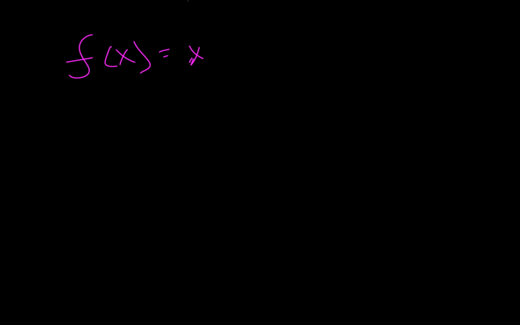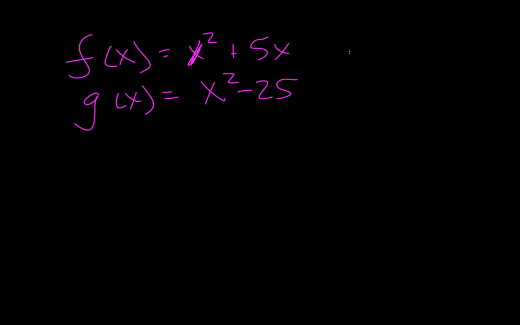So let's do f of x equals x squared plus 5x, g of x equals x squared minus 25. Now I'll switch this up. Let's find f of x over g of x.